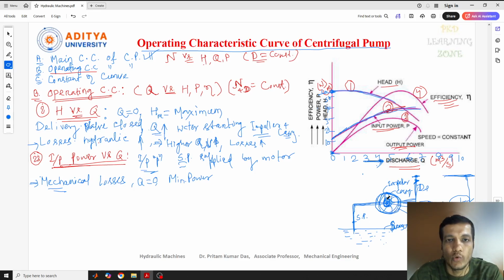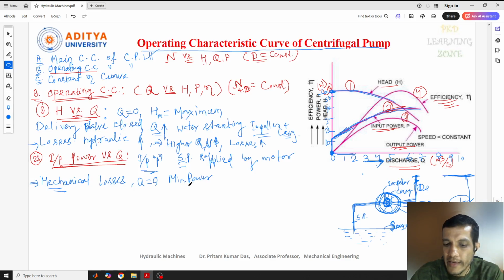To overcome those losses, we require at least minimum power to start the discharge. That's why even at zero discharge we require some amount of power. Once it has started, it will continuously increase.